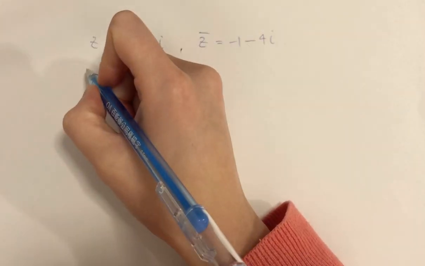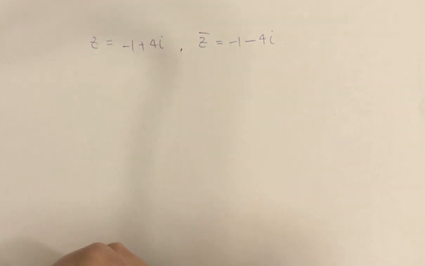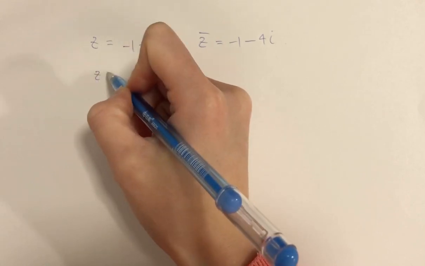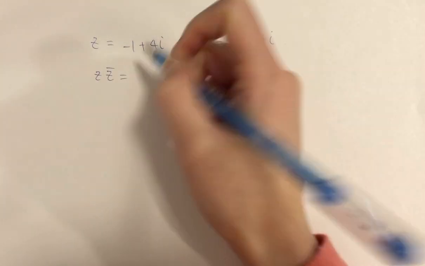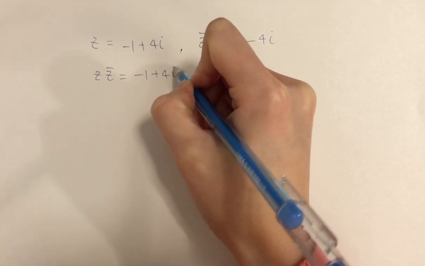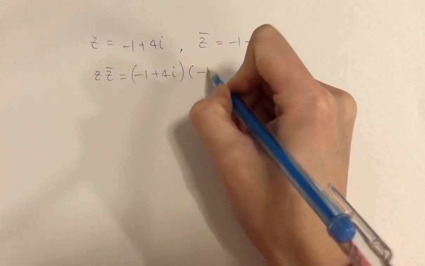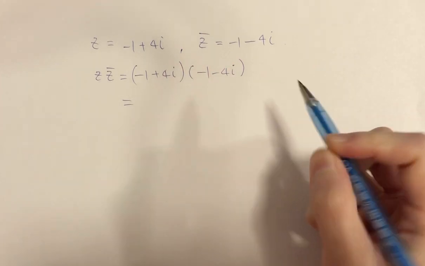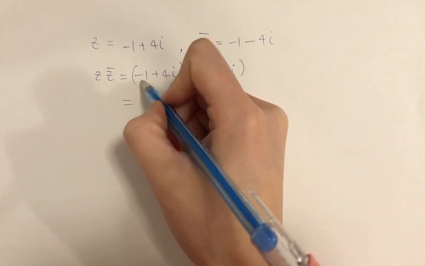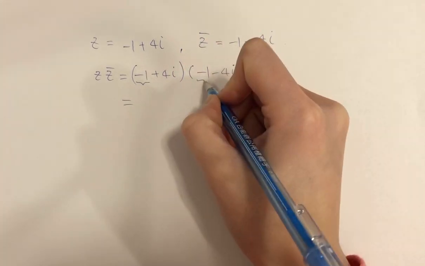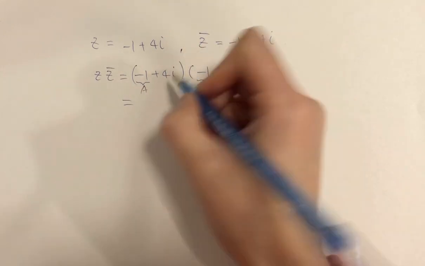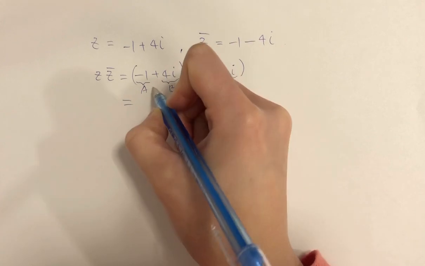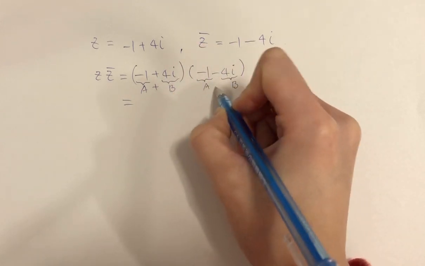And then we can also multiply these two together. So what is z times z bar? -1 plus 4i times its conjugate. I'm used to thinking of this as: I call this -1 a, call this 4i b, and then it's just plus minus, right?